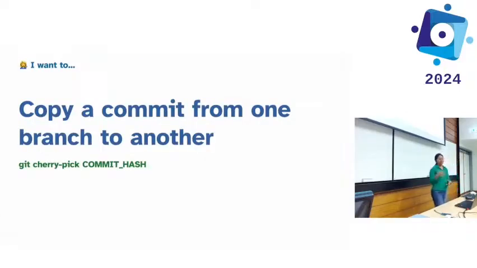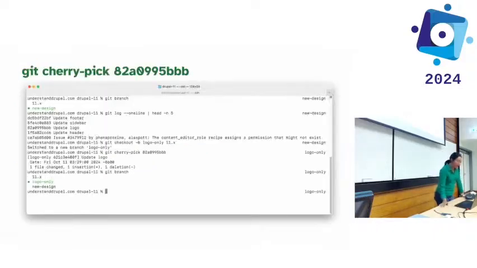If I want to copy a commit from one branch to another one, we can use cherry-pick. For example, if we are working on a new design, this is our branch, and we update the sidebar, update the logo, update the header, or change the brand colors, and our client requests just to update the logo.